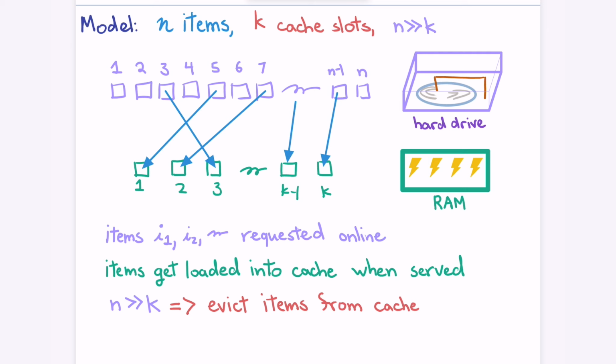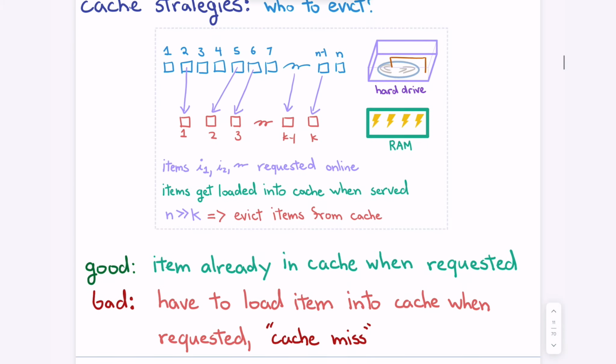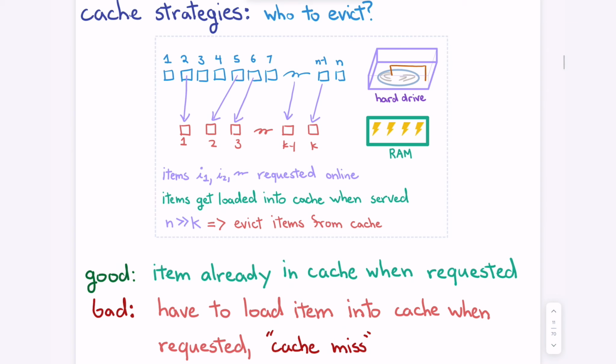And that also means since n is much bigger than k, as you load one page into RAM, you have to kick out another page. So your real decision is which page are you going to kick out? Because if that page gets requested, now you have to wait for it to come from the slow memory again. That's the game we're playing.